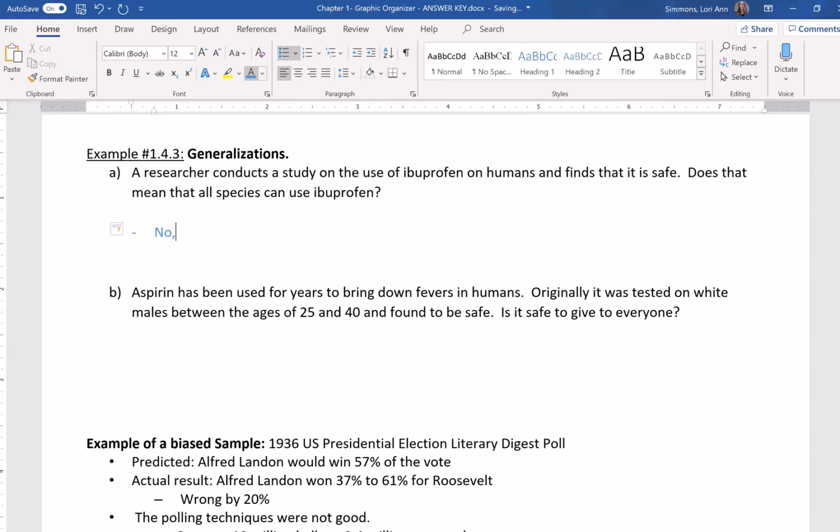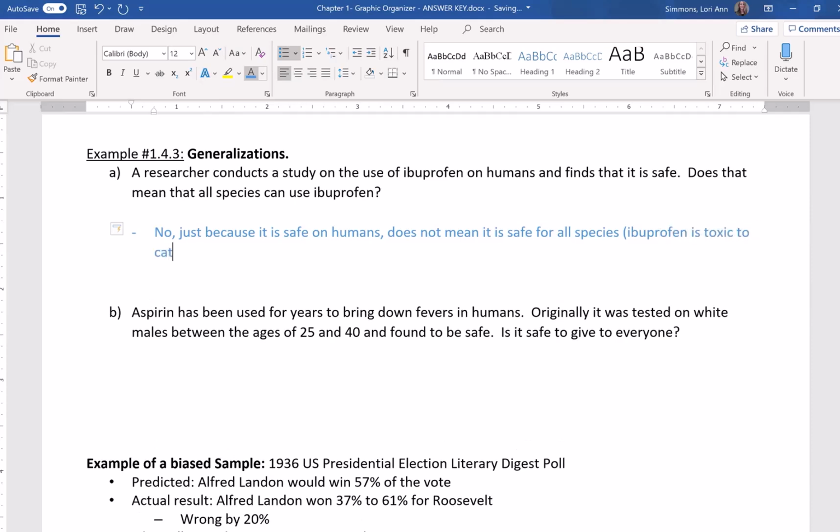So we're going to say no. Just because it is safe on humans does not mean it is safe for all species. And as a side note, ibuprofen is toxic to cats. So good thing we didn't generalize this to all species because cats would not be doing so well.